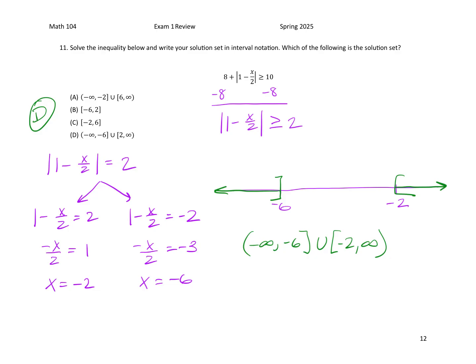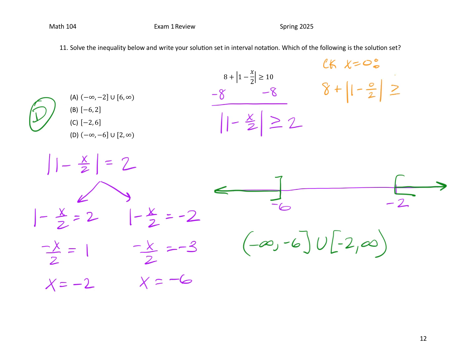Let's do a quick check. Pick any number in these intervals over here or over here. Pick any number. We're going to plug it in for x and make sure this inequality is true. So like an easy one would be 0, right? 0 is over here. It's in the solution set. Let's plug in x equals 0. Okay, so I'm going to have 8 plus the absolute value of 1 minus 0 over 2.